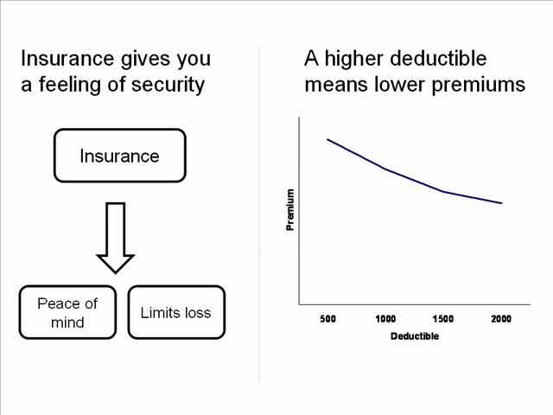The reason is that the insurance company has less potentially to pay out if you make a claim, so they're willing to make you a better deal and charge you a little less on the premium. The amount of difference depends on a number of factors, but there is a relationship: as you take a higher deductible, the premium does get reduced. So that's a slide that has two related points on the same slide.